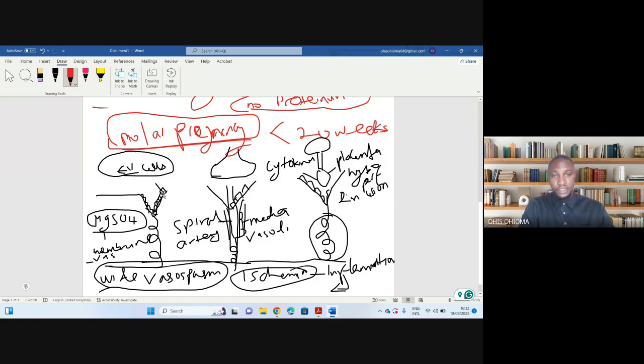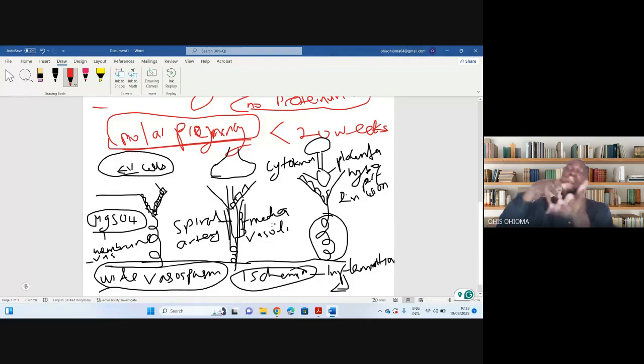First of all, you need to know that the placenta is a low pressure system. It's not a high pressure system, right? That's the first thing by the side. Now, these extravillous cells from the trophoblast come to the spiral artery. What is supposed to happen in normal pregnancy is that these cells would invade the media of the spiral artery.